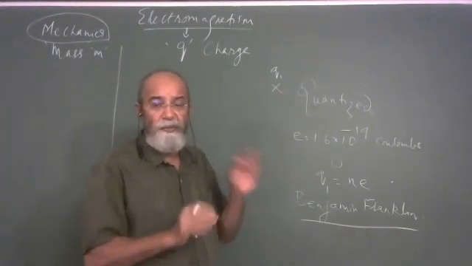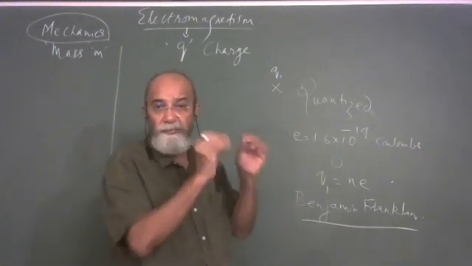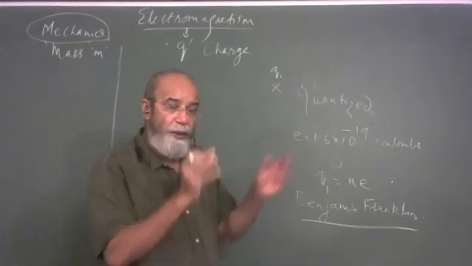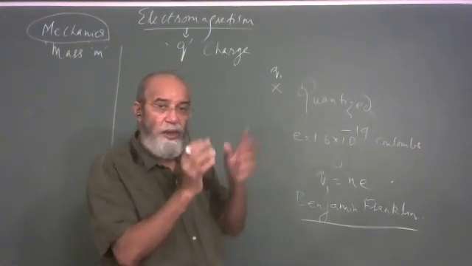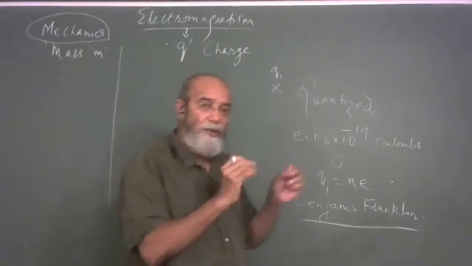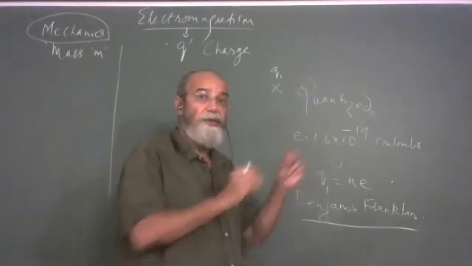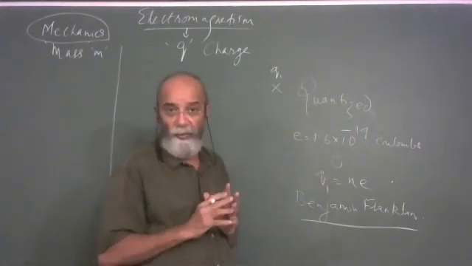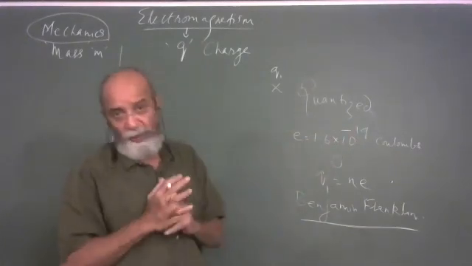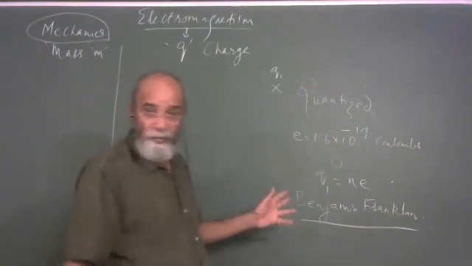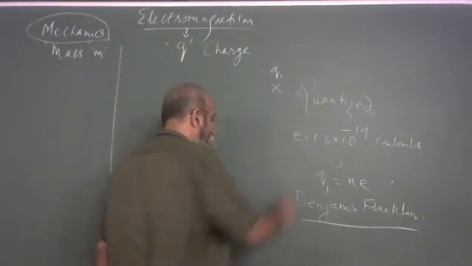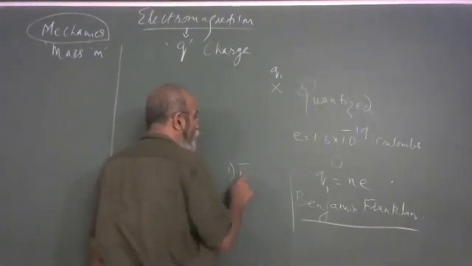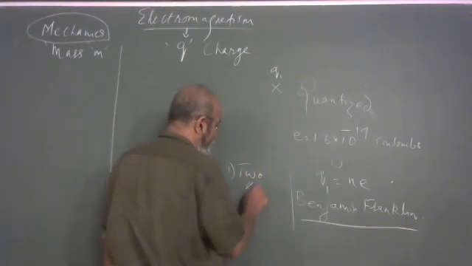Rubbing 2 pieces, maybe a cloth and a glass rod, and then talking about how the silk cloth is attracted towards the glass, or the glass is attracted towards, or it is repelled by another glass piece which is rubbed by the same cloth, etc. And through his small experiments, Benjamin Franklin told the world, number one, that there are 2 kinds of charges.